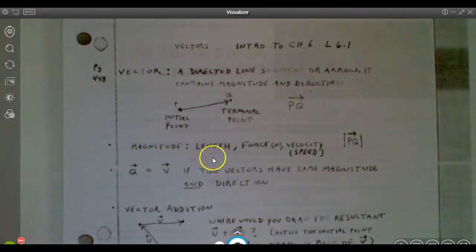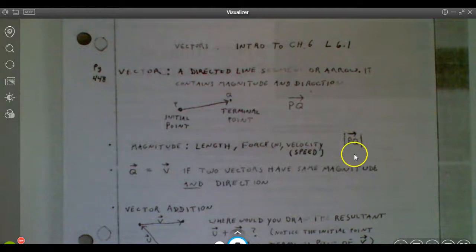Again, the magnitude represents the length of the vector. In terms of physics problems, we can also see it as the force or velocity. Those also define the magnitude of a vector. The notation looks like absolute value bars. If you ever see this absolute value look for a vector, that's simply the notation for magnitude, and that just means find its length.